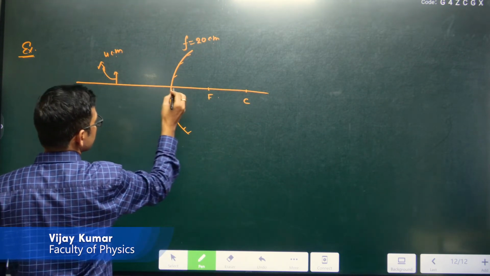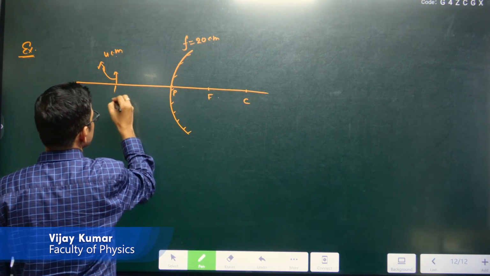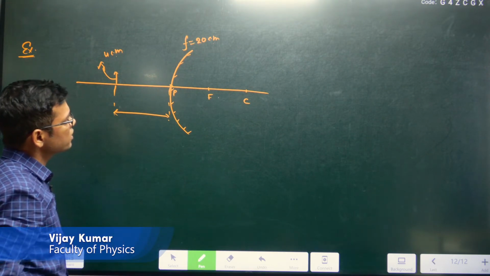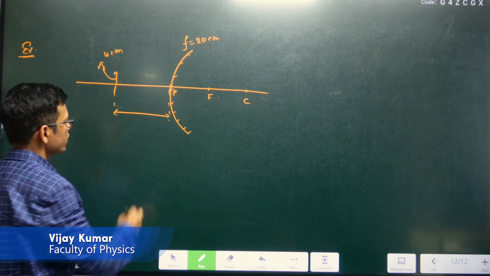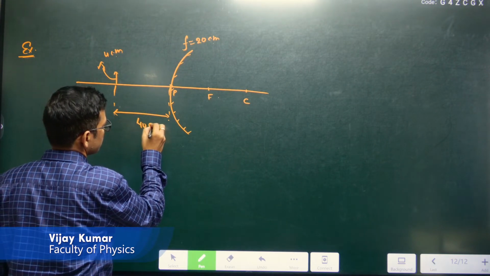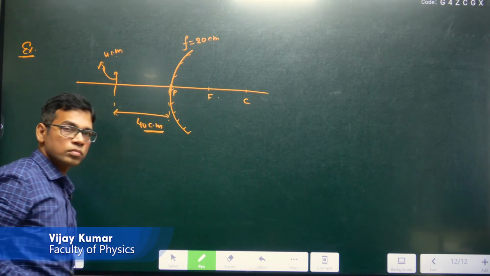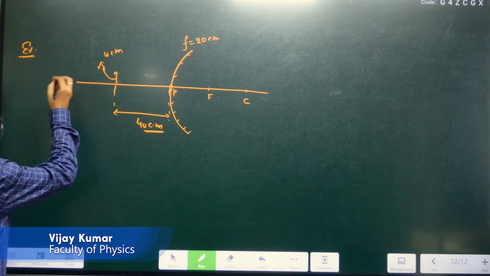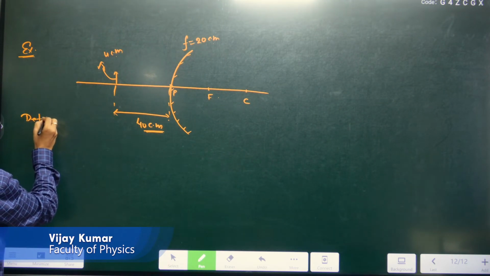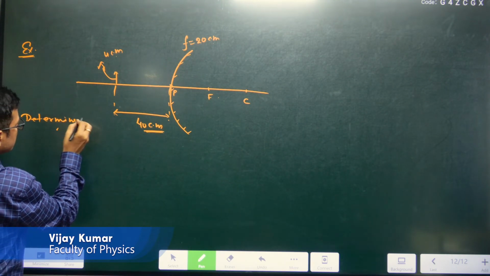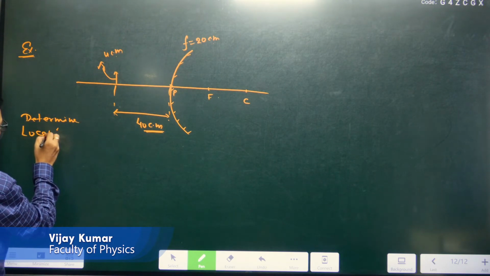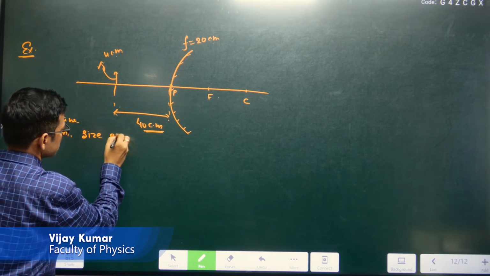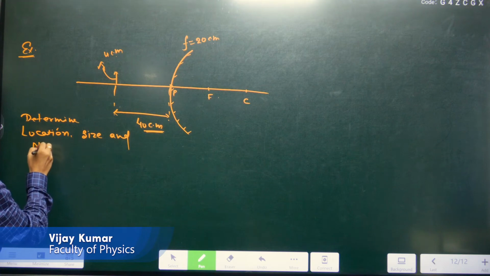Suppose the object distance from the pole is 40 centimeter. So determine the location, size and nature of the image.